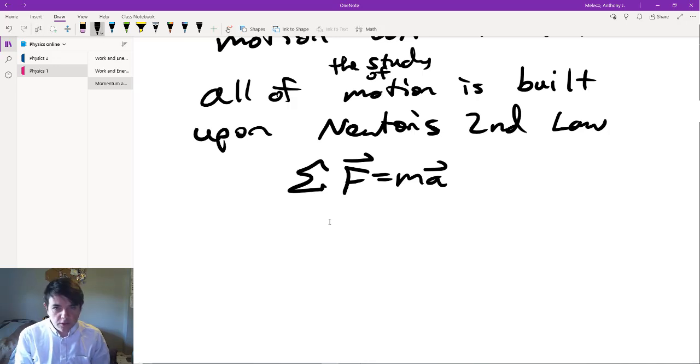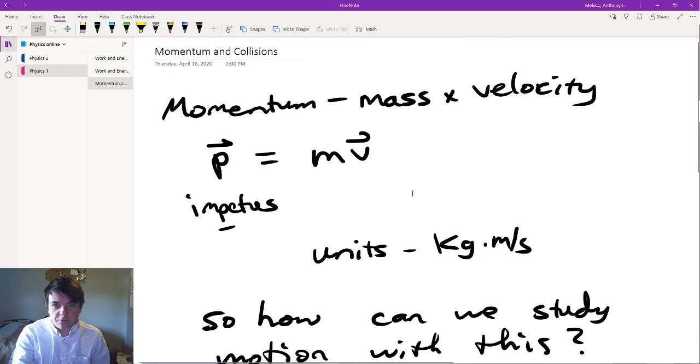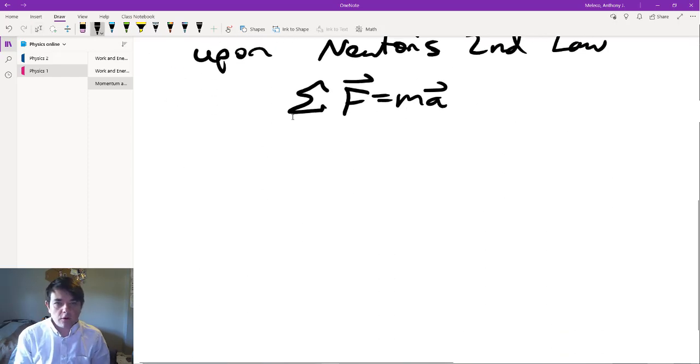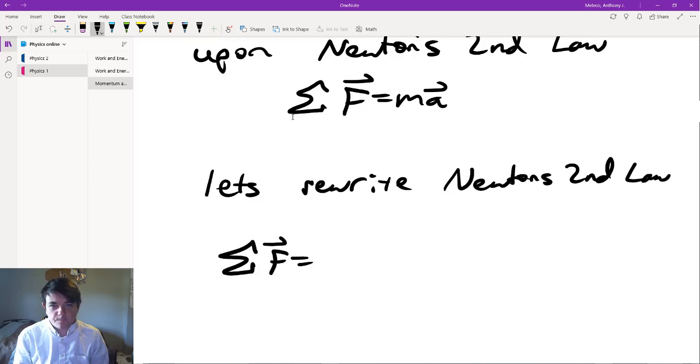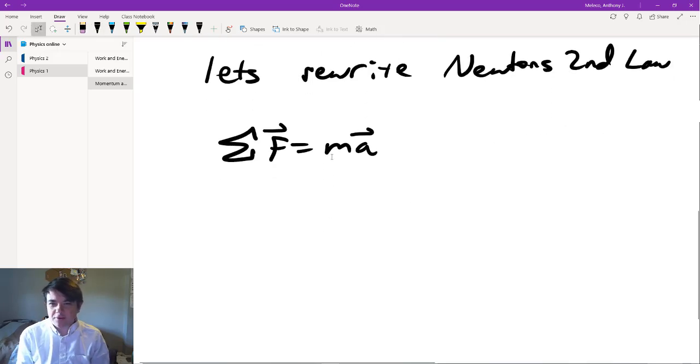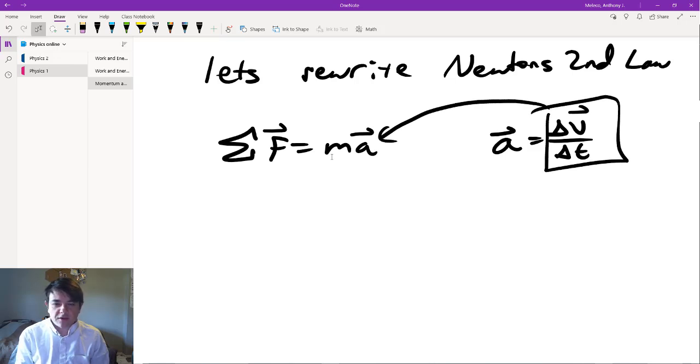So what we can do is use this definition and relate it to momentum. Let's rewrite Newton's second law so we get something useful out of it. We still write it like this, but now, if you remember, the definition of acceleration is the change in velocity over the change in time. So we're going to plug that in over there.